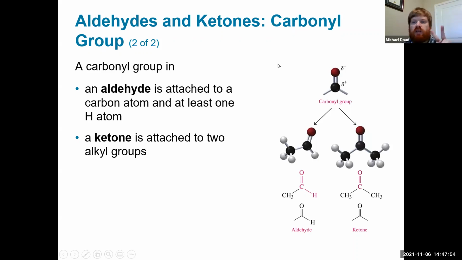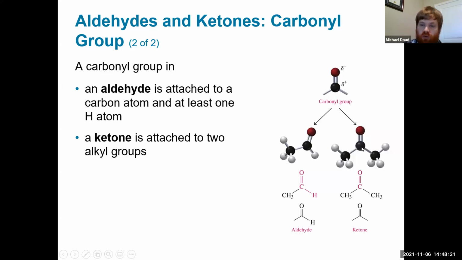Now, there are two compounds that we'll talk about here that split at this moment. The carbonyl group is always the C double bond O. However, the carbonyl group is part of other functional groups. Basically, it's a part of both the aldehyde functional group and the ketone functional group. For the aldehyde functional group, the carbon that's bonded to the oxygen is attached to at least one hydrogen.